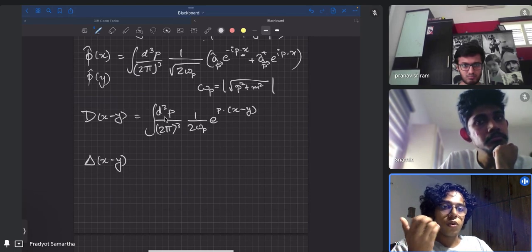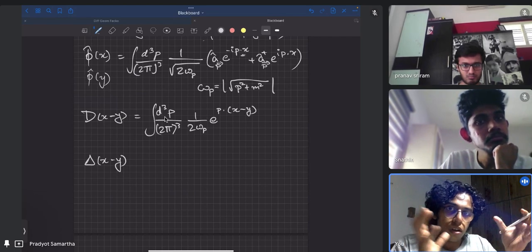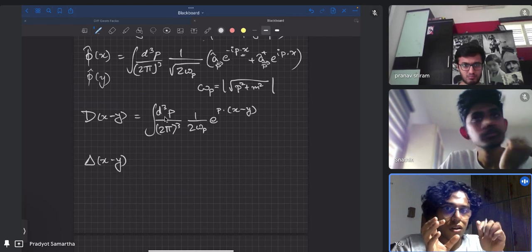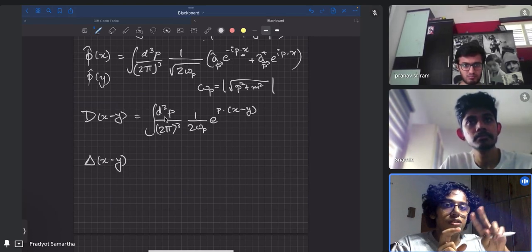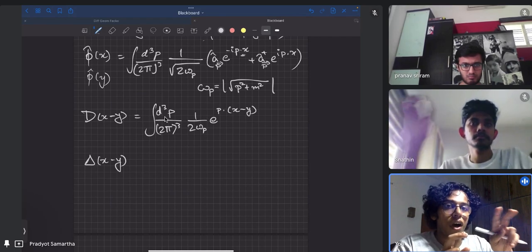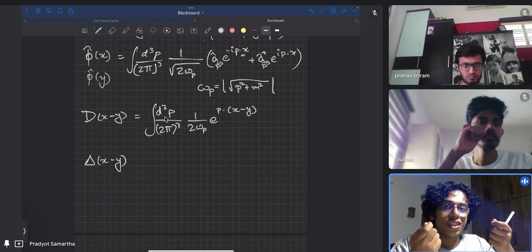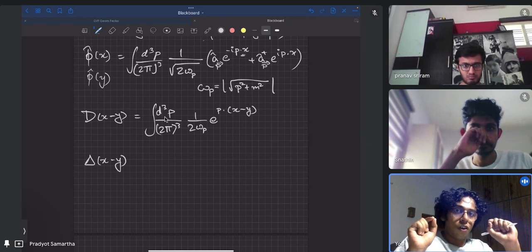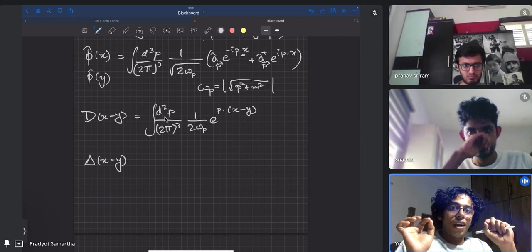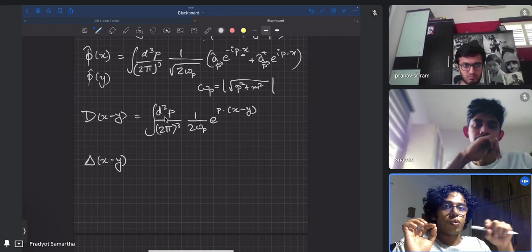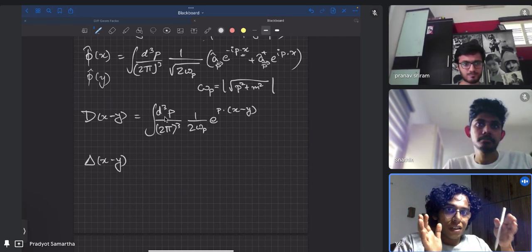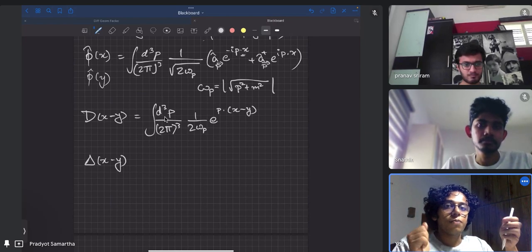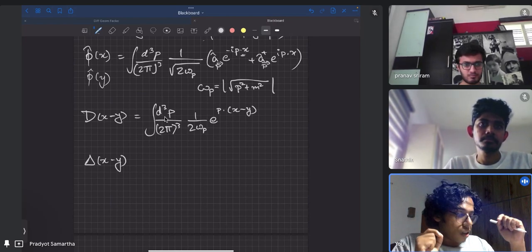You will get other mixed terms, and you will need a kind of connection coefficient to consider how much of x is y. Here we are considering x and y as two independent points that are separated, with a time-like separation between these two points. So that is what we have assumed here.